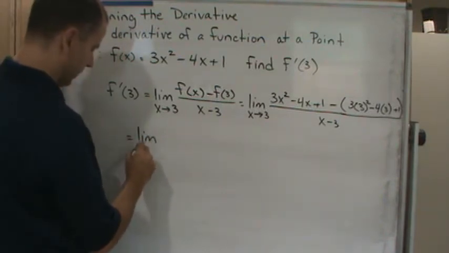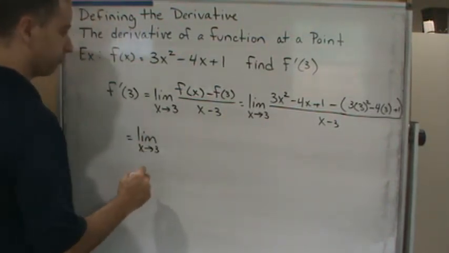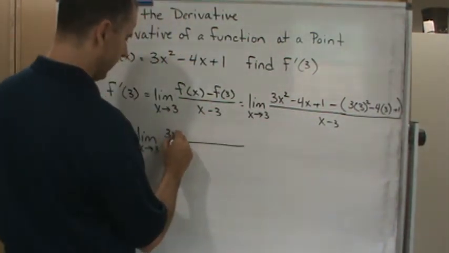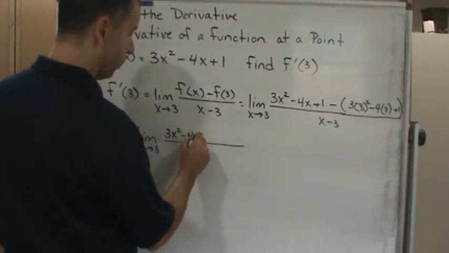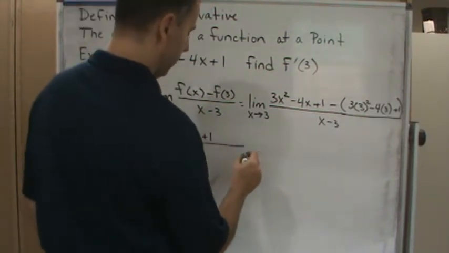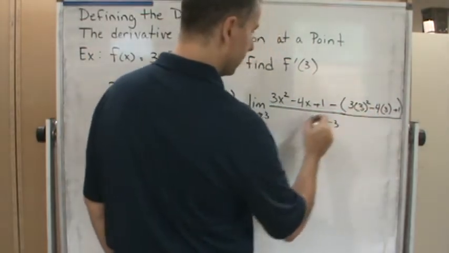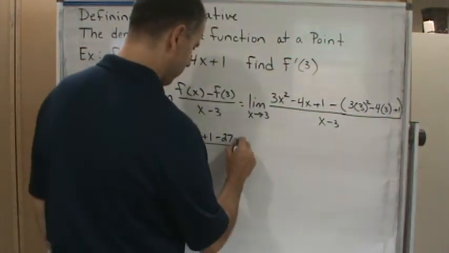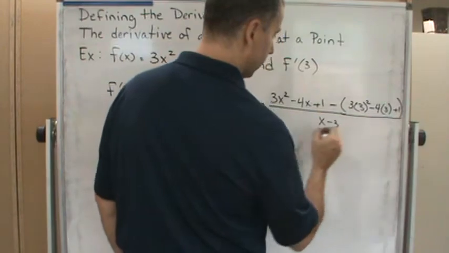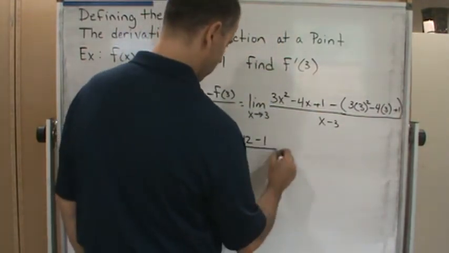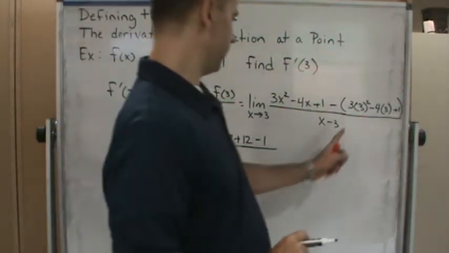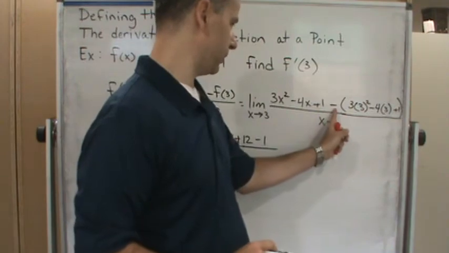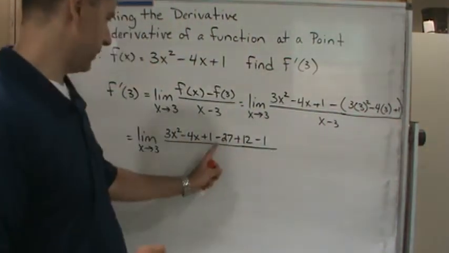So the limit as x approaches 3 of what? What happens in the top? So this is going to become 3x squared minus 4x plus 1. This is going to be minus 27 plus 12 minus 1, right? So this is going to be 27 minus 12 plus 1, and then I'm going to distribute the negative sign, which changes all of the signs.